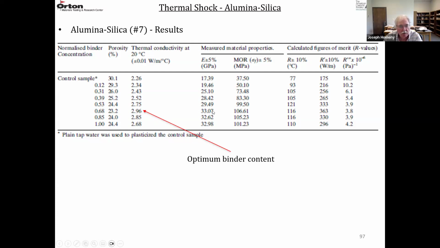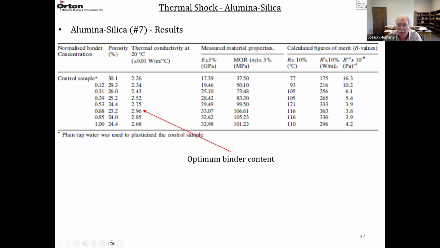So this is about 33 GPa. And then MOR increases and then starts to decrease. So this is 106 megapascals. R for fracture initiation under rapid quench conditions was calculated in degrees C, and it reaches a maximum in this same region.